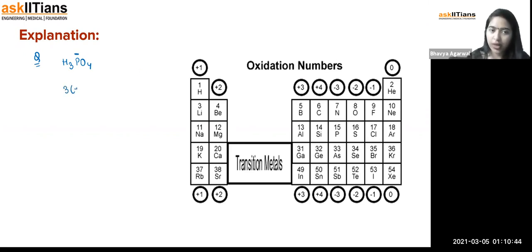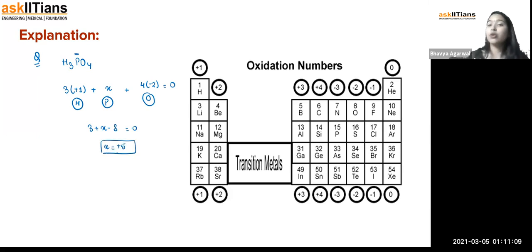So 3 into +1 because of hydrogens, plus the charge contribution of phosphorus, let's say X, and the charge contribution by oxygens, which are 4 in total, is 4 into minus 2, and the overall charge in this molecule is 0. So it is 3 plus x minus 8. So x comes out to be +5, which is your oxidation state.